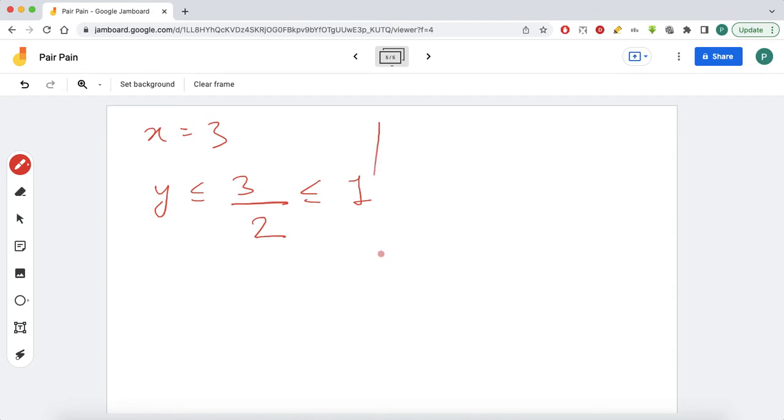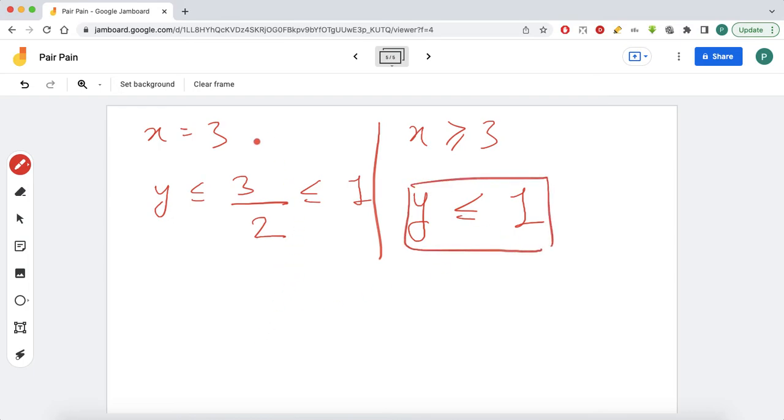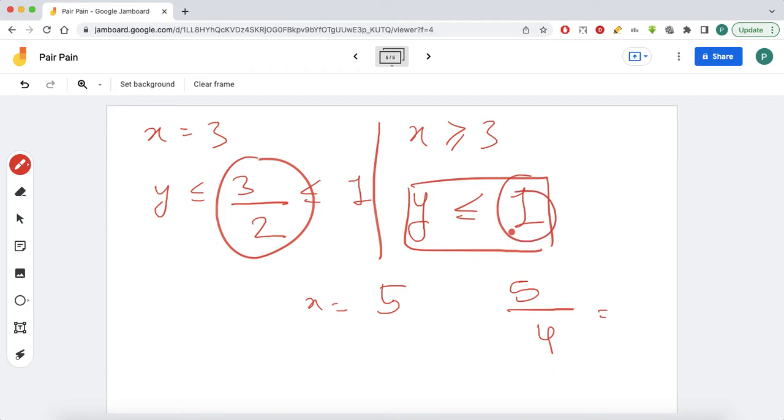Okay, so when x is greater than equal to 3, y should be less than equal to 1. Well, this can be proved because let's say x is 5, so what we'll have is y less than equal to 5 by 4, and this term will be nothing but 1 point something, so ultimately it is less than equal to 1 only.